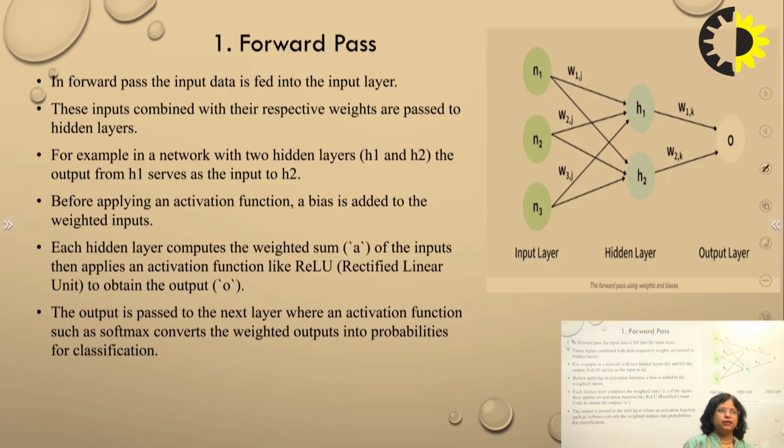In the forward pass, the input data is given to the input layer. The function of the input layer is to take the inputs. So in the first layer, the input layer works. After getting the inputs, the input layer transfers this data to the next layer.